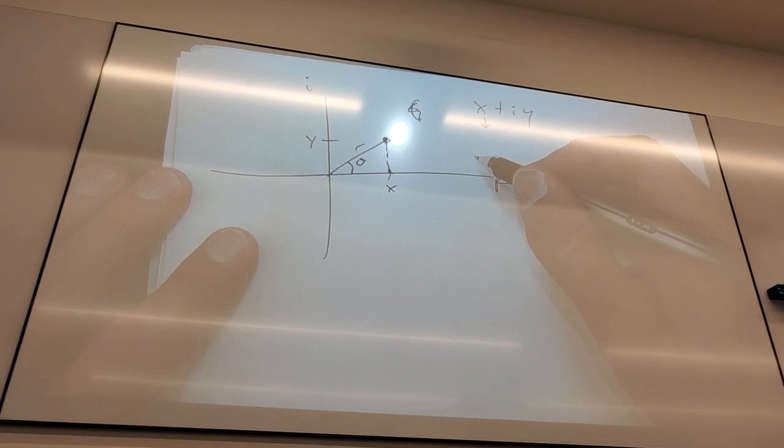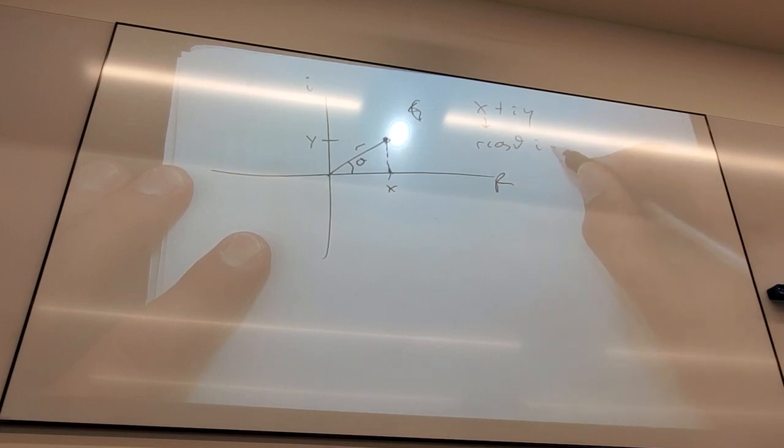We know this. x equals r cosine theta. And what's y?